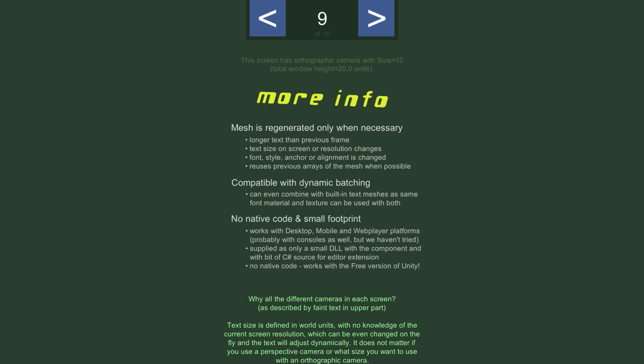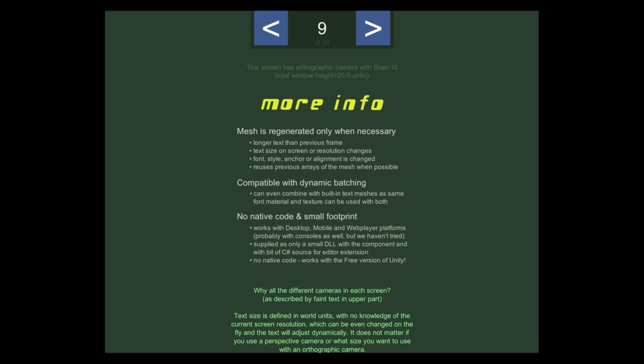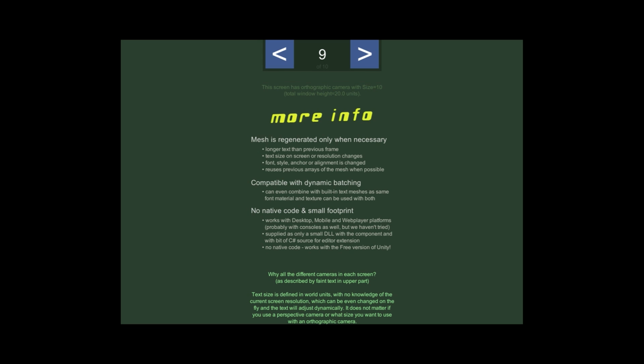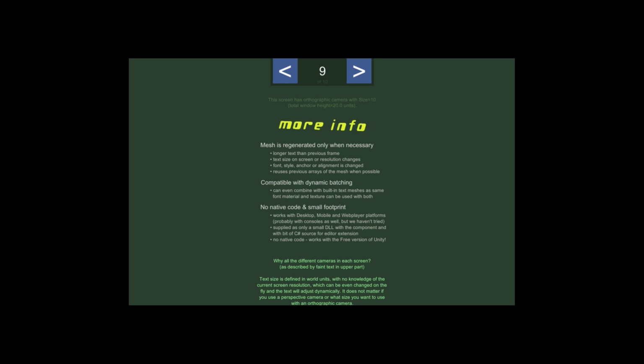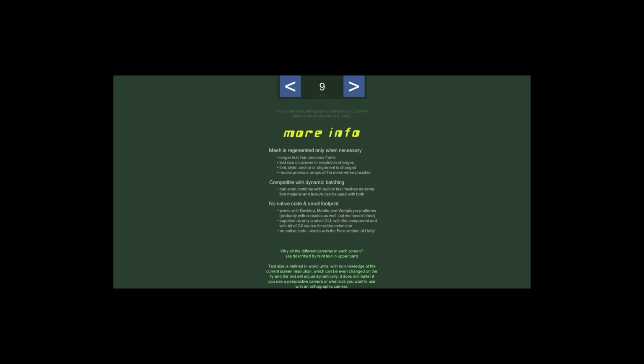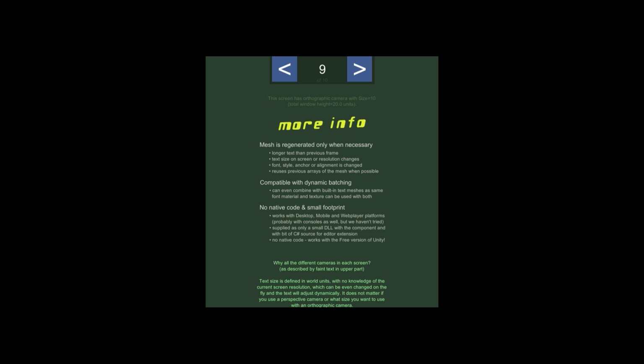It does not matter if you use perspective camera or what size you want to use with an orthographic camera. So again, if we change the resolution, you can see how the text adjusts itself by the window height automatically. On mobile devices, this happens when the user switches between portrait and landscape modes.